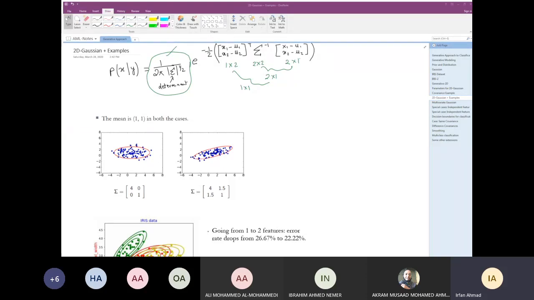Now your x is a vector, right? What I'm saying, P of x given y, x is not a scalar value, it's a vector consisting of two items, x1 and x2.